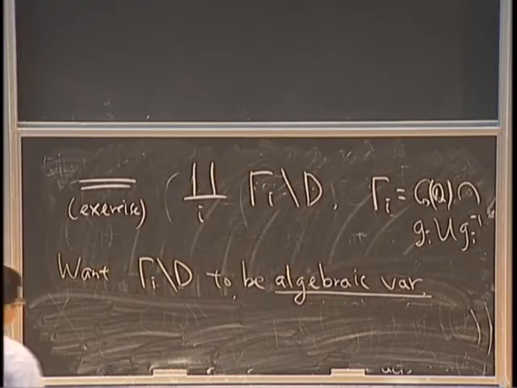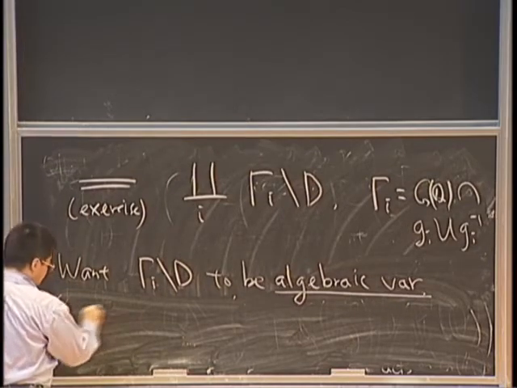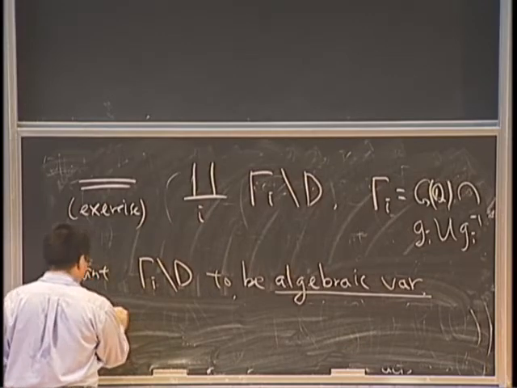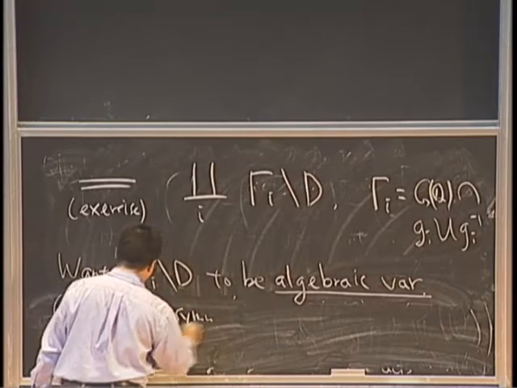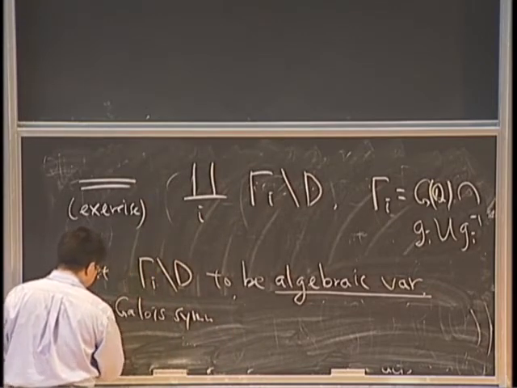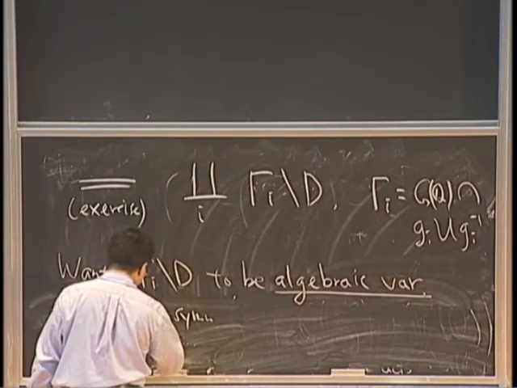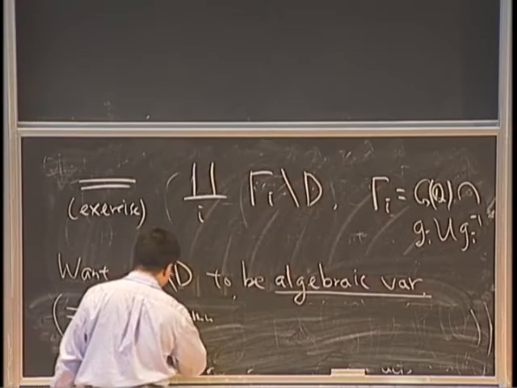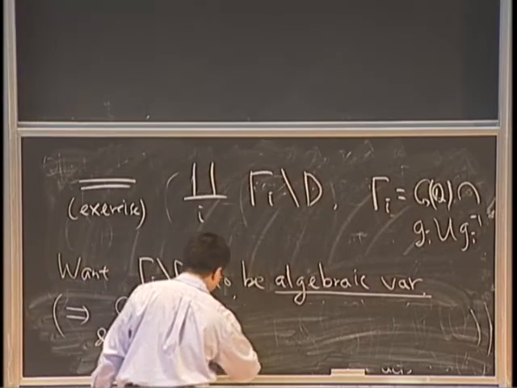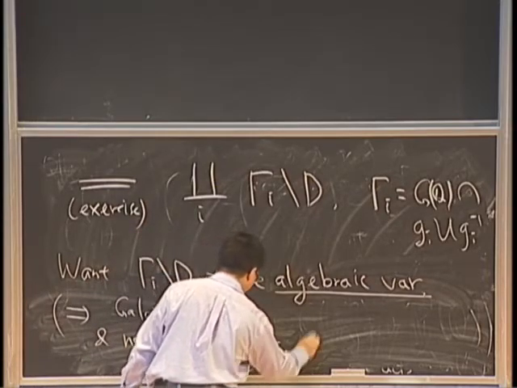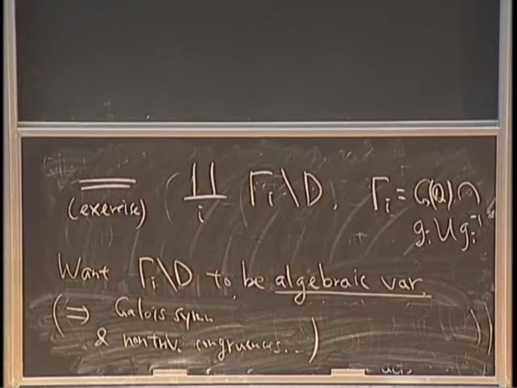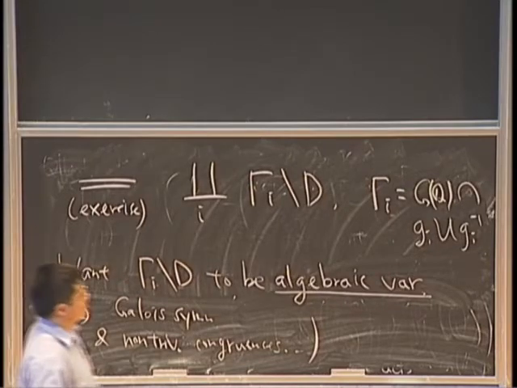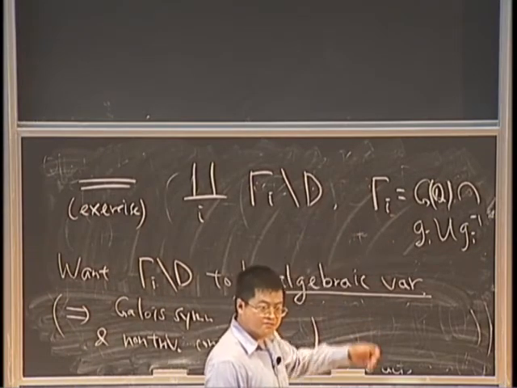So this also allows not just, for example, Galois symmetry, but also non-obvious or non-trivial congruences. And in fact, in some cases, we actually use these non-trivial congruences to create Galois symmetry. These are not very obvious if you just look at the topological structure of all the double coset spaces.